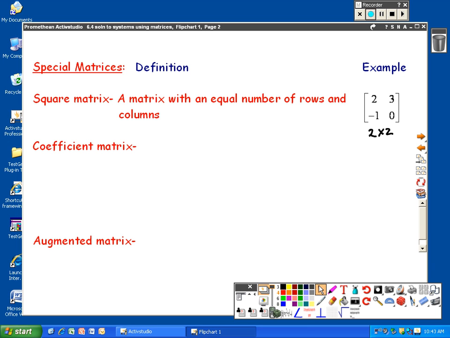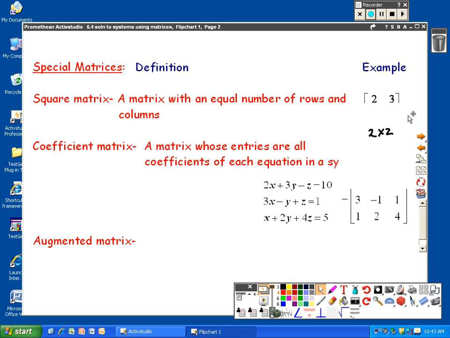Then we have a coefficient matrix, and it is a matrix whose entries are the coefficients of an equation in a system. So here is my system of equations. 2x plus 3y minus z equals 10. 3x minus y plus z equals 1. x plus 2y plus 4z equals 5.